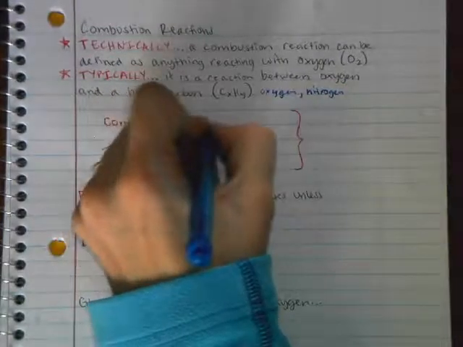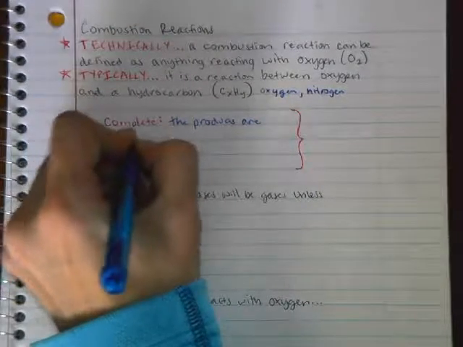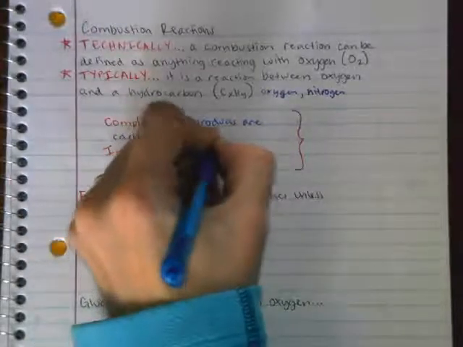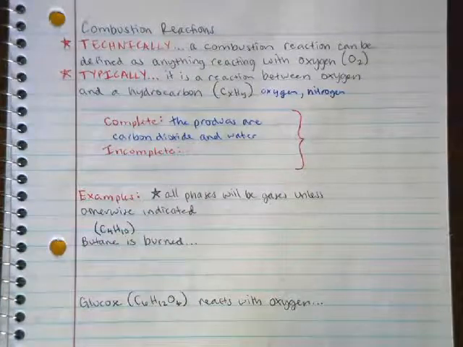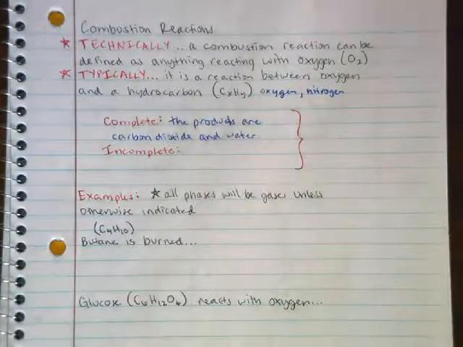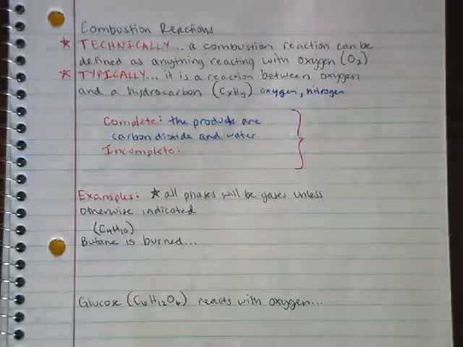The products are always, and this is what makes it so easy, carbon dioxide and water. Okay, done. That's it. If you recognize it as a combustion reaction, you put carbon dioxide and water as the products, you balance it, you're done.